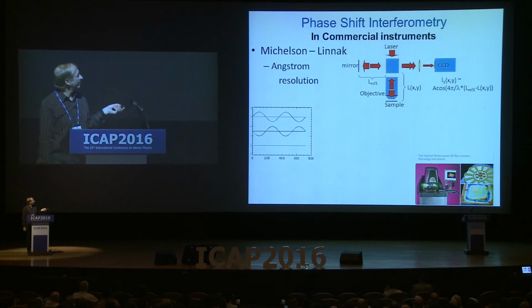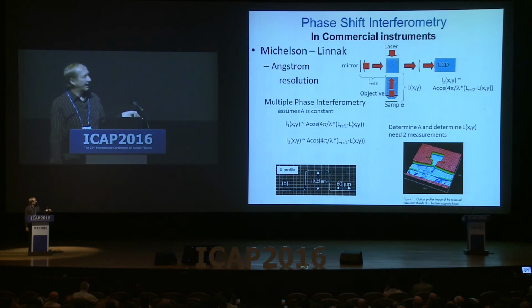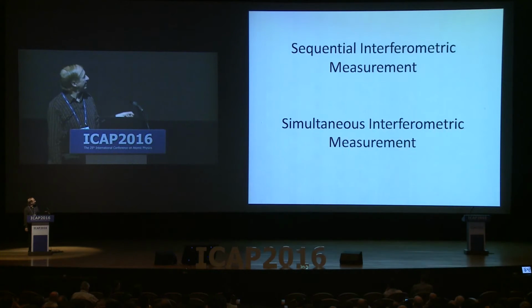I started out thinking, how about just making an interferometer? That's a quick way of getting precise measurements. If you replace one of the arms of the interferometer with an objective, you can image a sample, re-image everything on a CCD, and image it at a few different phases, and as a result produce a topographical measurement of a device of interest.